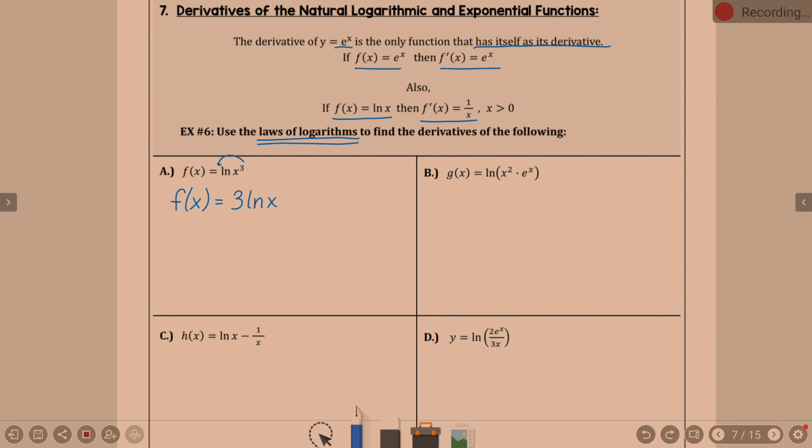Yes, because you just multiply that 3 in. And so what we're going to say here when we do the derivative, it's kind of like doing the derivative of x squared earlier. We kept the 3 and multiplied it by the 2x, right? So it's the same idea. We're going to keep this 3. What's the derivative of natural log of x? 1 over x. What is 3 times 1 over x? 3 over x.